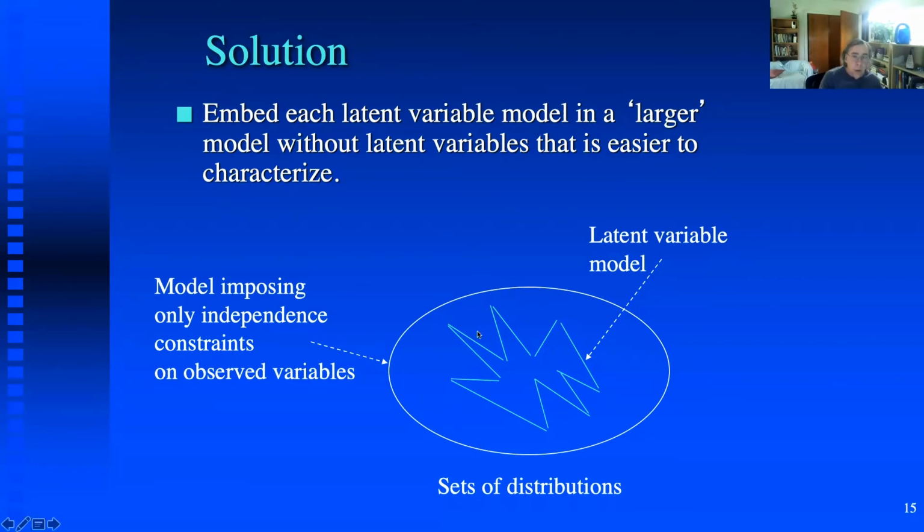So basically, if this raggedy-looking thing here is the set of marginal distributions of a given model, because there are non-conditional independence constraints imposed, what we would do is to say, well, we're only going to look at the conditional independence constraints, and so we will embed this raggedy model into a bigger model, which doesn't worry about the other constraints that might hold, and use that in order to do all of our searches and our predictions about the effects of manipulation.